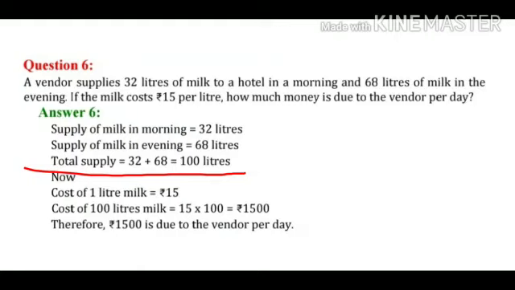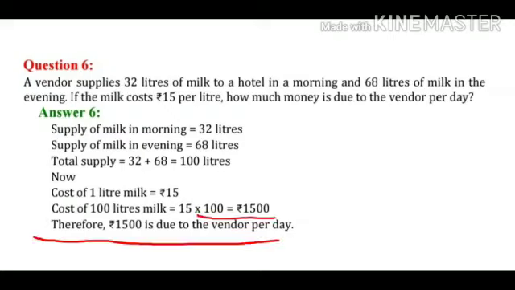Next we have the cost of 1 liter of milk. We have to find the cost of the total milk he supplies in a whole day. So we multiply the cost of 1 liter of milk and the 100 liters of milk which he supplies in the whole day, and we will get rupees 1500. Therefore rupees 1500 is due to the vendor per day.